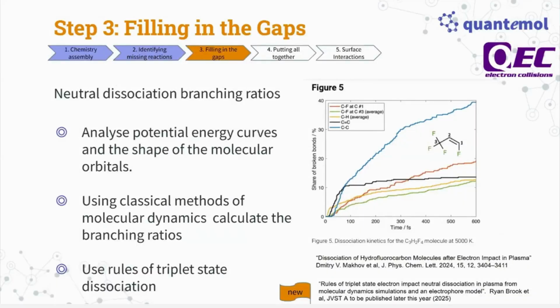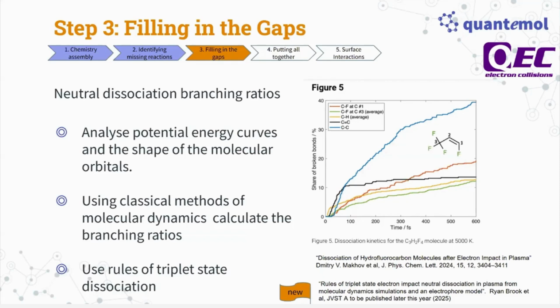Let's get back to the neutral dissociation branching ratio. This is one of the features very much in demand from customers who want to know how their precursors break up. There are essentially three approaches to deal with this problem. One, which we very often use, is to analyze potential energy curves.